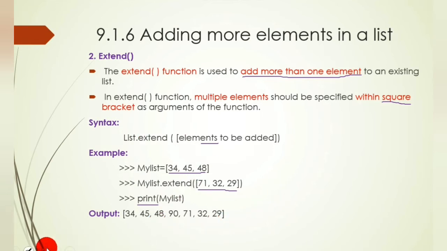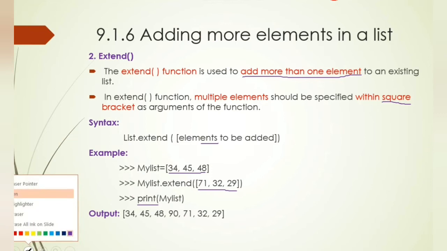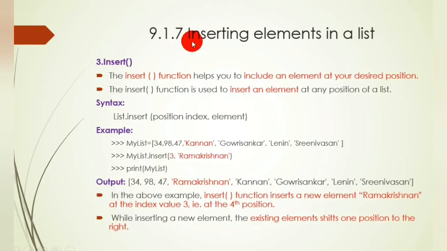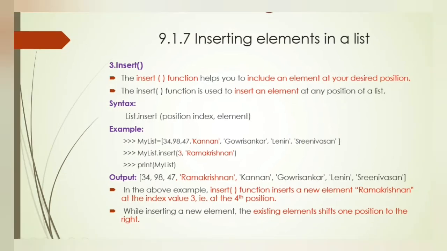Now you can see the next example. So now you see for what purpose we are using the insert function, that is, inserting elements in a list. The insert function is used to insert elements in a list. The last two functions, append and extend, are used to insert the elements at the end of the list only. Now if you want to insert an element at a particular position, see this definition of the insert function.